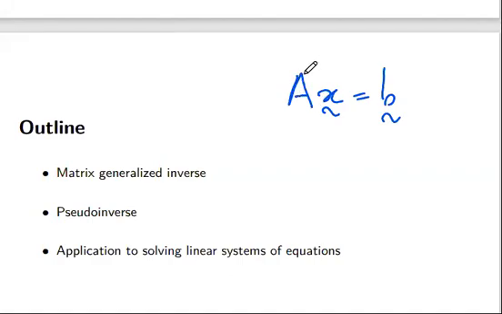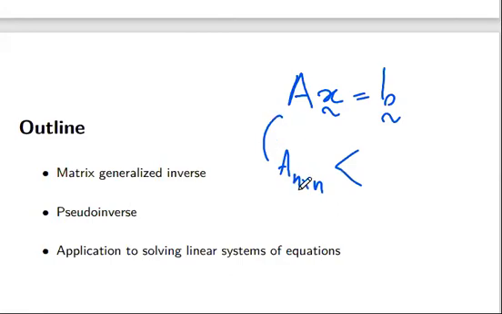So basically, we are interested in finding solutions to this system, and this coefficient matrix could be any matrix, square or rectangular, right? When A is a square matrix, say n by n, there are two cases.